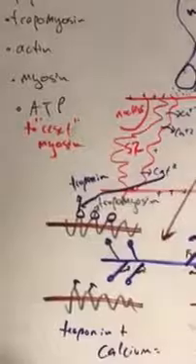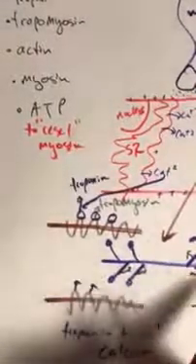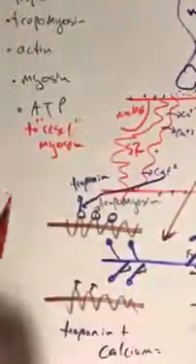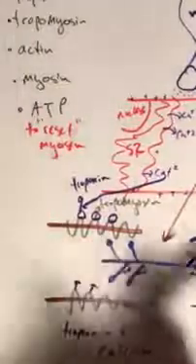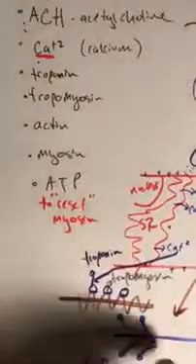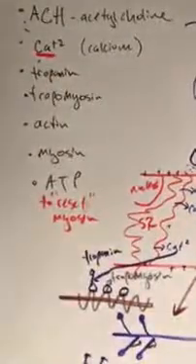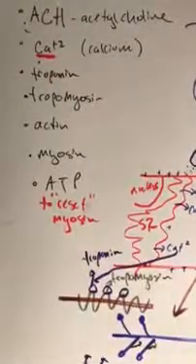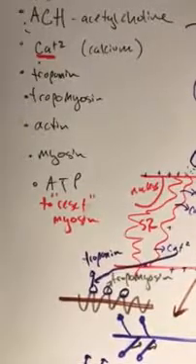So ATP is required to reset the myosin. The presence of ATP will cause myosin to reset, and it's calcium being present that allows those active sites to be present. If you don't have enough calcium, your active sites are all going to be gone, but myosin still really wants to connect, so you start to get a cramp. That's part of how cramping works.